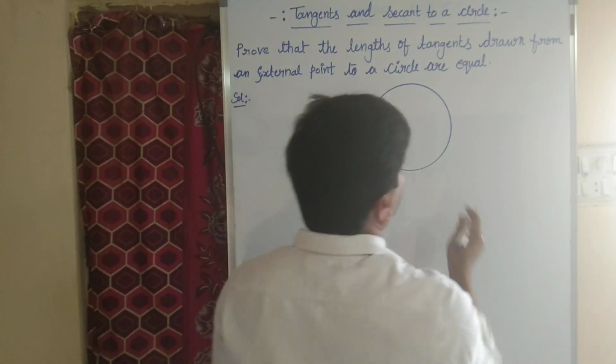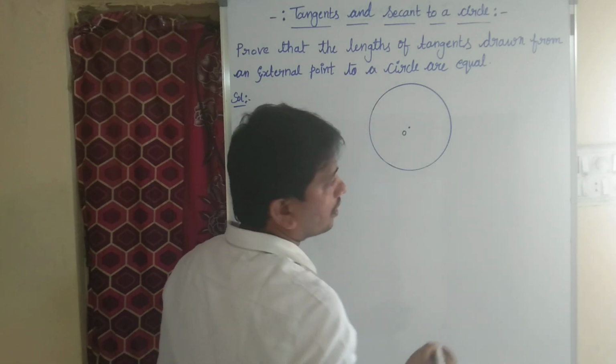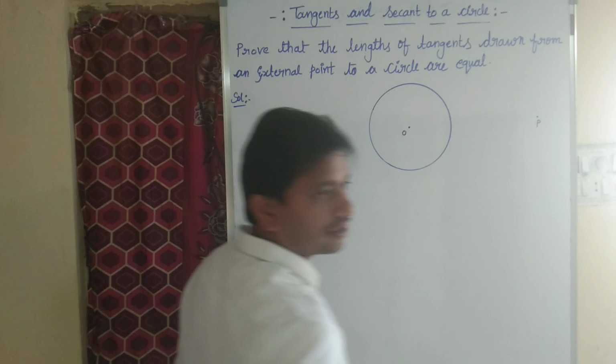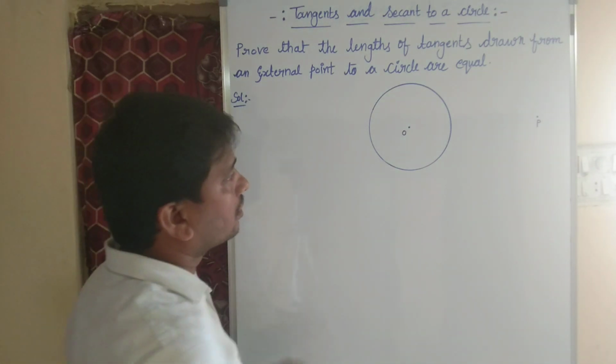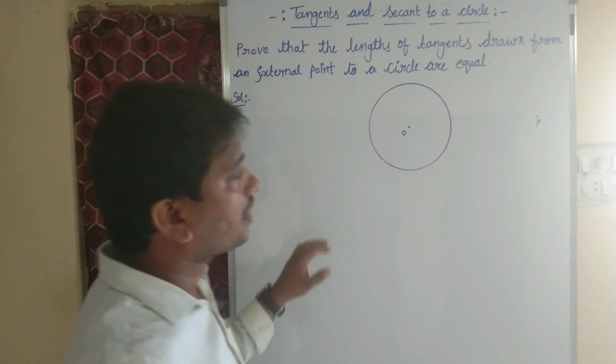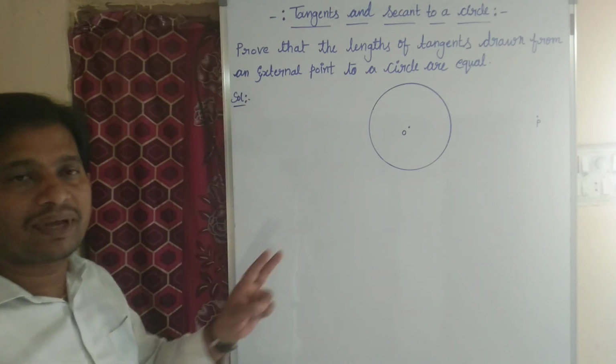So suppose this is a circle with center O. This is an external point. We call it P. So the length of the tangents drawn from external point. As we know, we can draw two tangents to a circle from an external point.